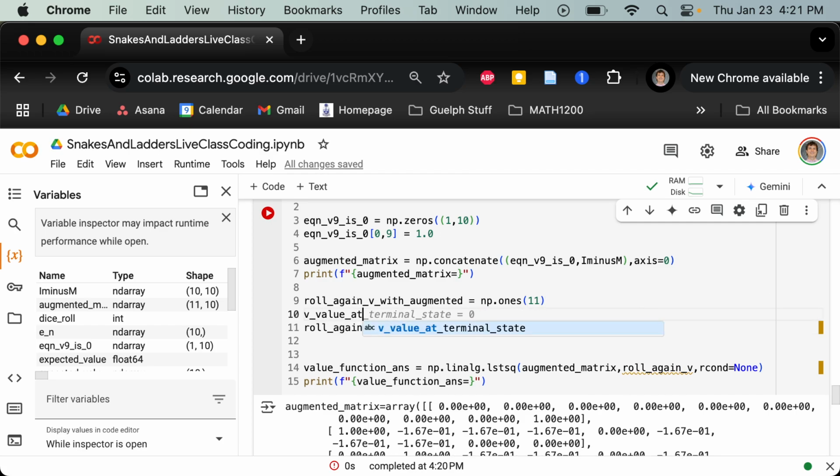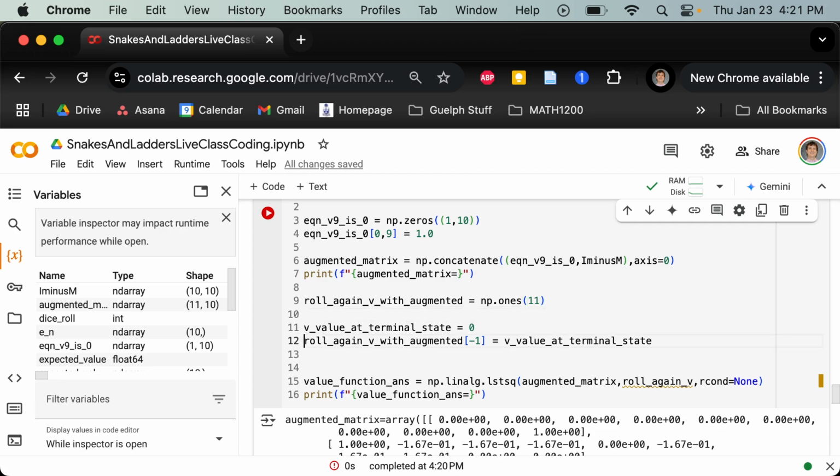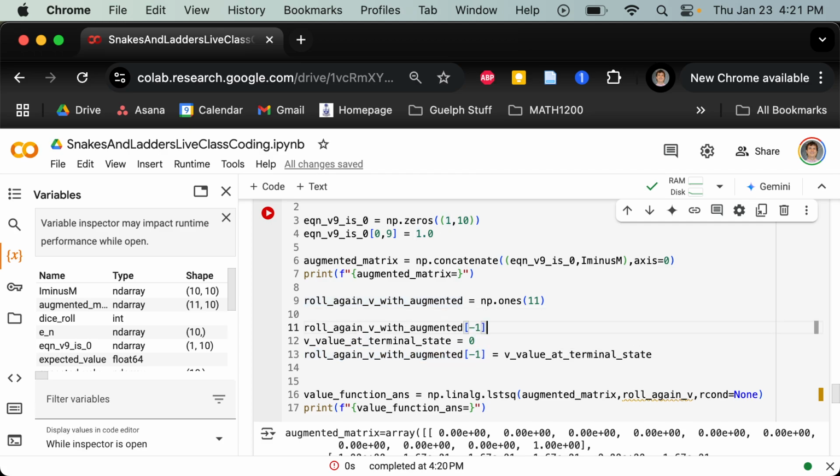That way somebody reading my code can understand what's going on here. That's the very last entry. And the entry before that also has to be 0 as well, so put in a -2, and that also has to be 0. That's just setting up the vector from before. Okay, so now it should run.